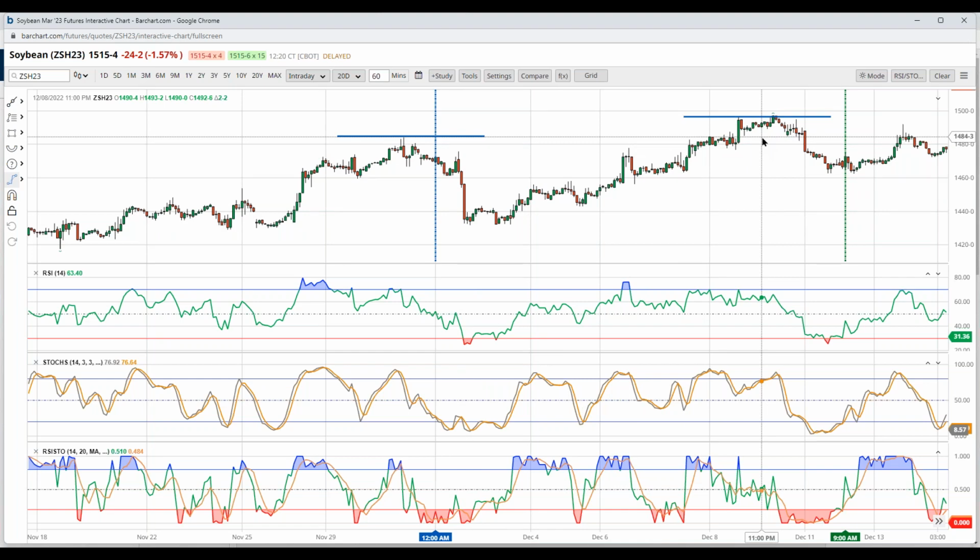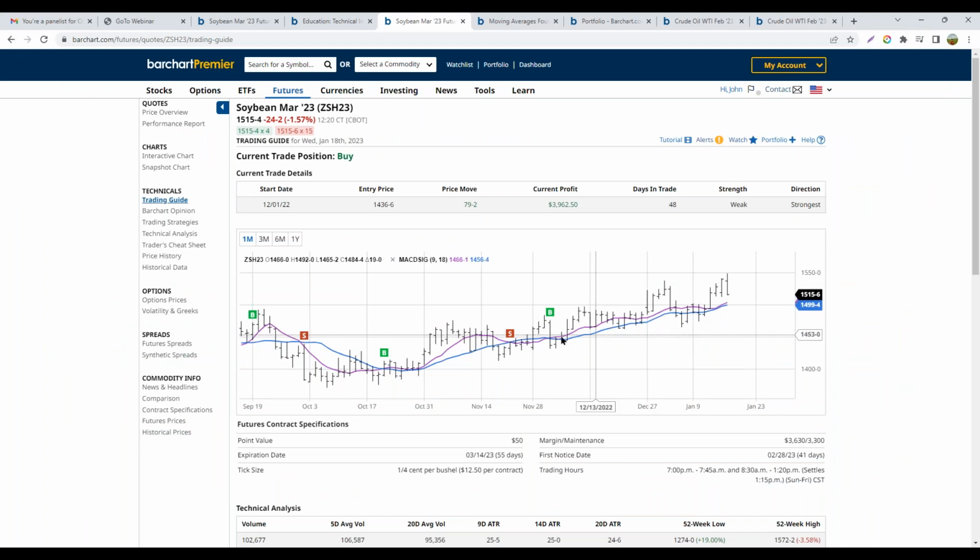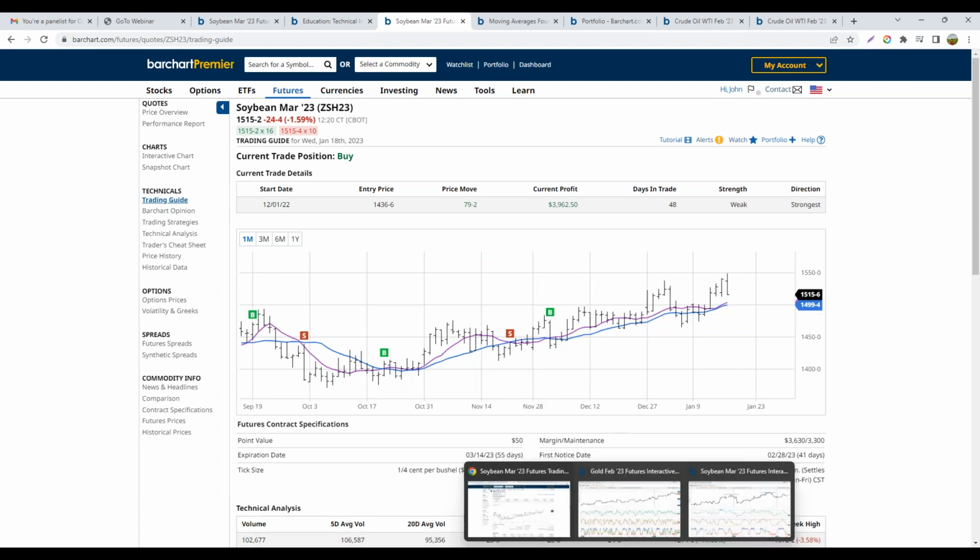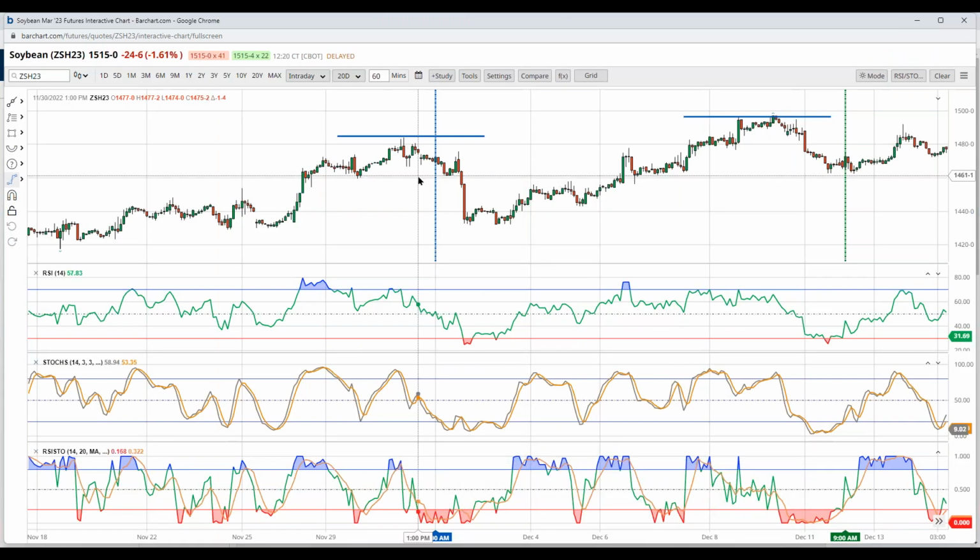But what I might want to do is wait for price to break above a previous high that was set before the signal was created, and that would have been this high here. So now I'm going to delay my entry until price gets above this previous high.